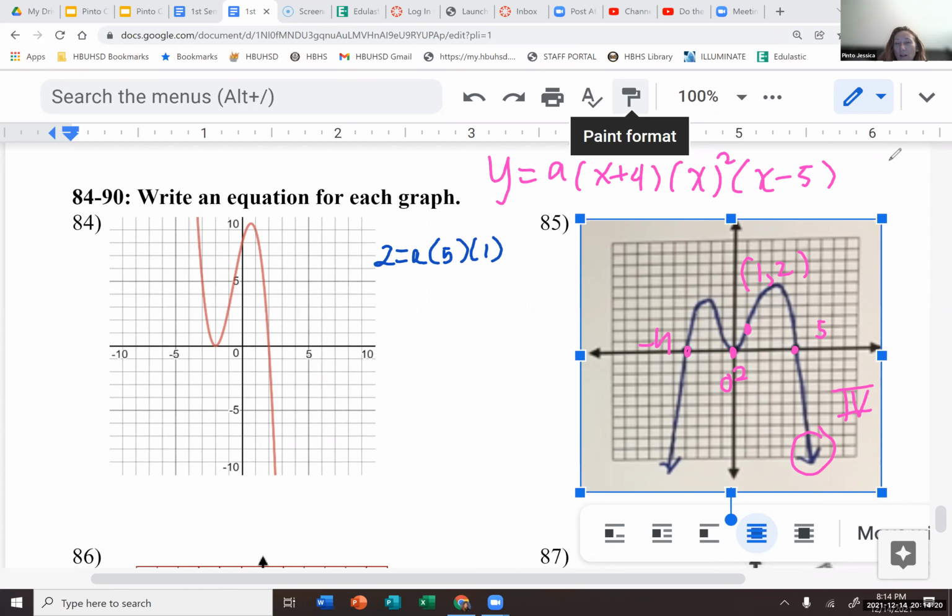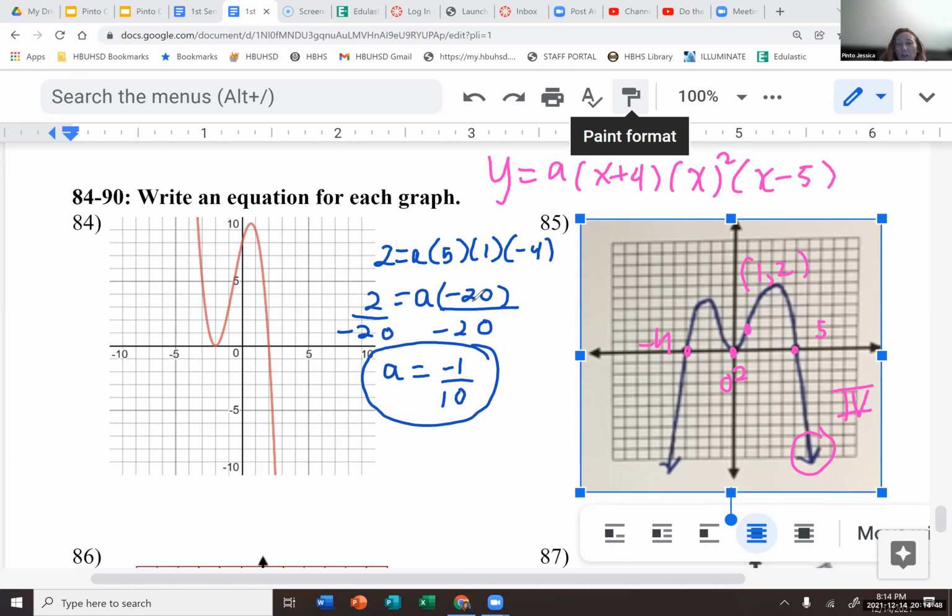And then 1 minus 5 is -4. So I've got a times 5 times 1 is just 5 times -4 is -20. It's equal to 2. Dividing by -20, I've got a is equal to -1/10.